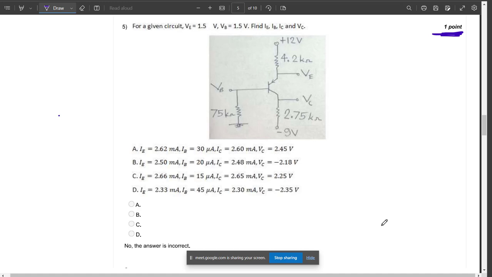Ma'am, for the exam, how many marks will be awarded for each question? It will be mostly 1 mark questions, 2 mark questions. Okay, so ma'am, how many questions will there be then?